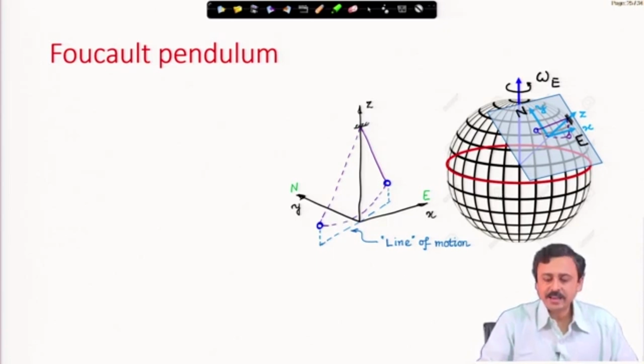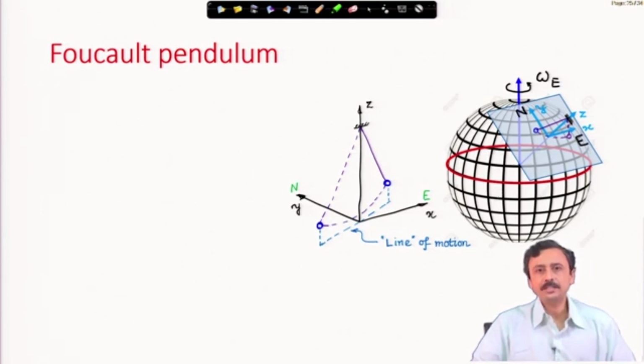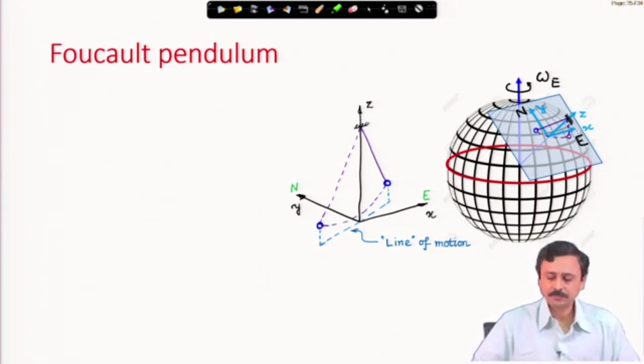We will call this line of motion the line obtained if you project the pendulum point mass vertically downwards onto this plane; the locus of all these points is the line of motion. I have marked it "line" in quotes because, as we will see very soon, this is not a line. This seems like a line.